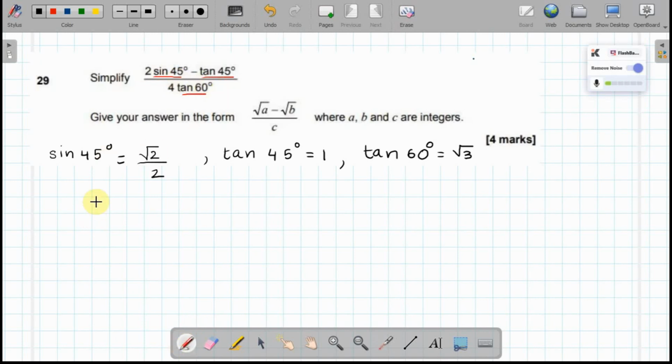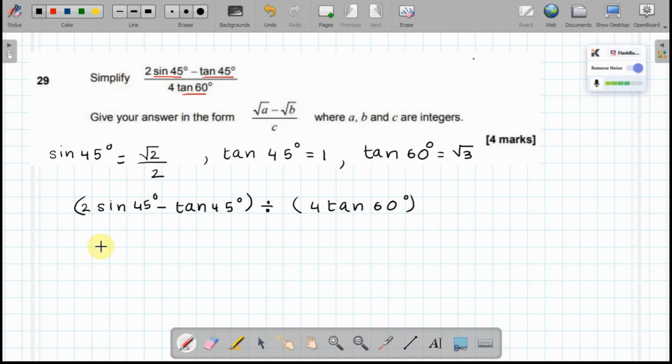So I'll start off with the numerator. I'm going to write it down like this: 2 sine 45 minus tan 45. Divide by, instead of the fraction line, 4 tan 60.